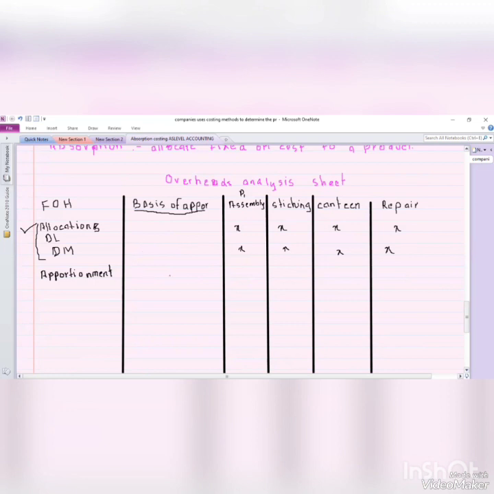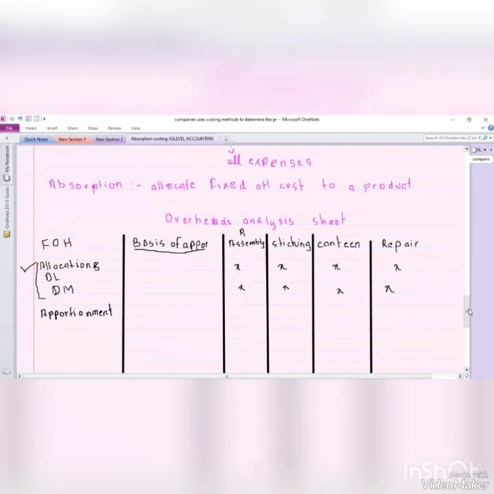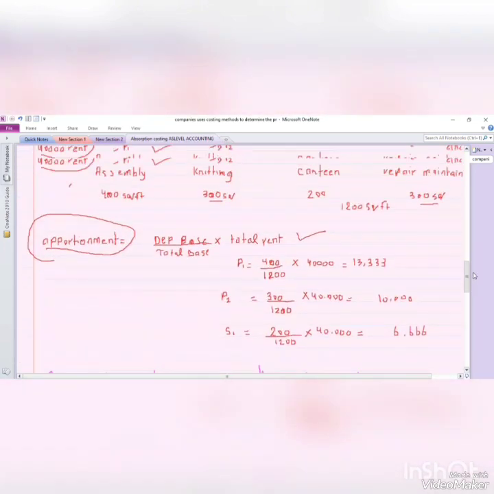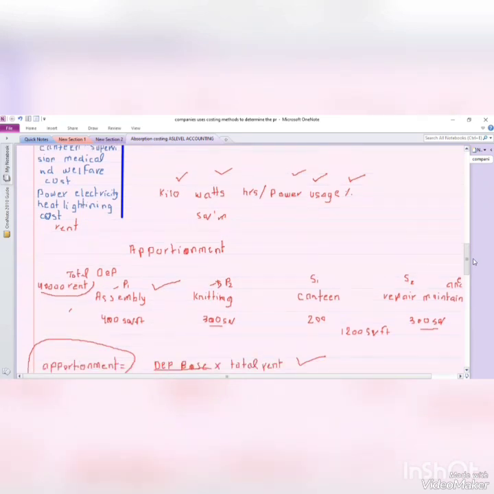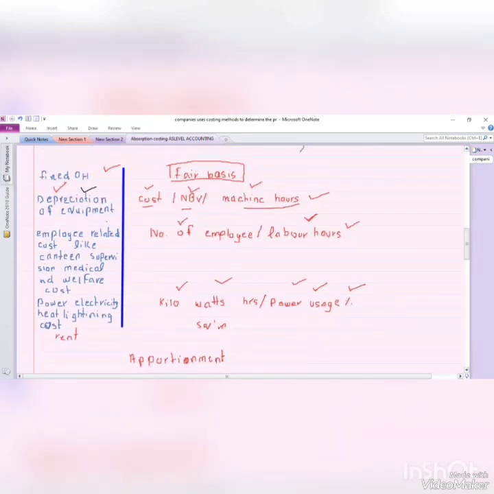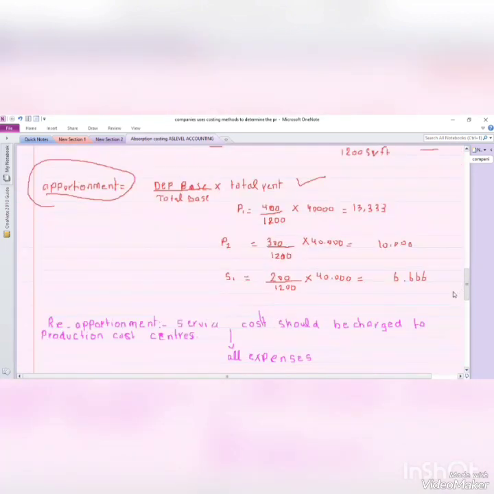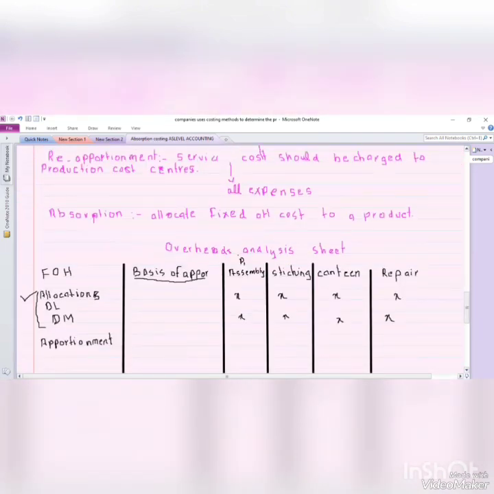There are different common costs occurring in our factory, and these could be depreciation of equipment, because there are four departments working in our factory. Number one is the assembly department, number two is the stitching department, and these two are service departments.